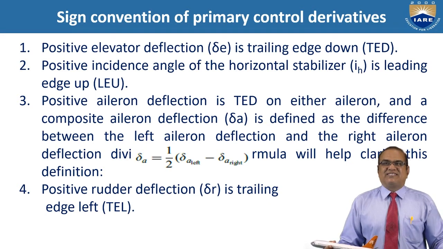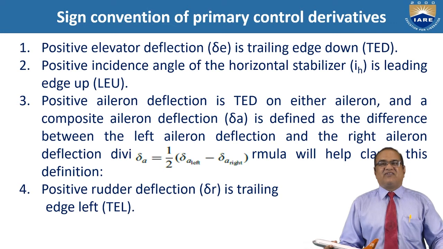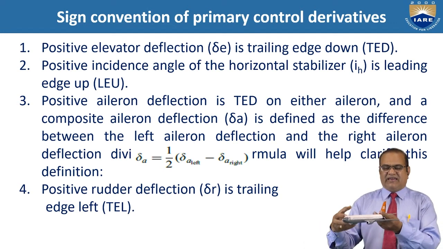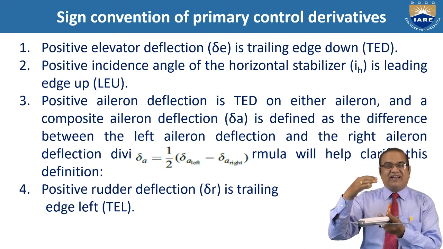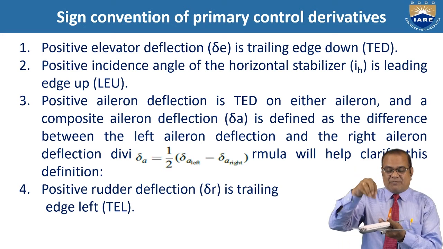Positive aileron deflection is TED on either aileron, and a composite aileron deflection, that is called delta A, is defined as the difference between the left aileron deflection and the right aileron deflection. If you see this aircraft, left and right you have to decide with respect to the pilot.